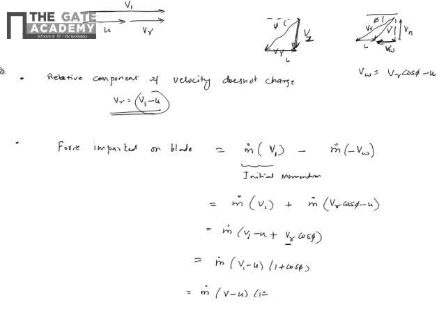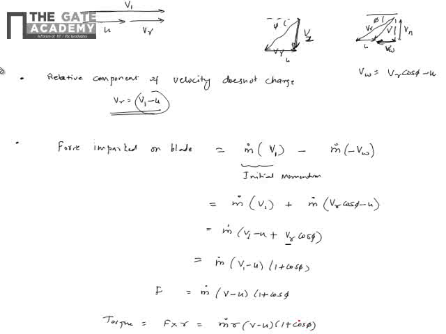So this is the force that is imparted. The torque imparted to the impeller is force times the radius r. Remember, radius is not changing, u's are not changing. This is m dot r times v minus u times 1 plus cos phi, where phi is that angle.